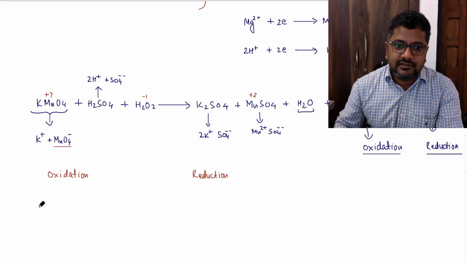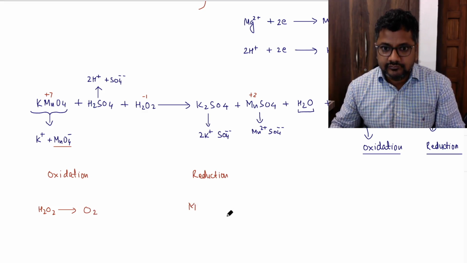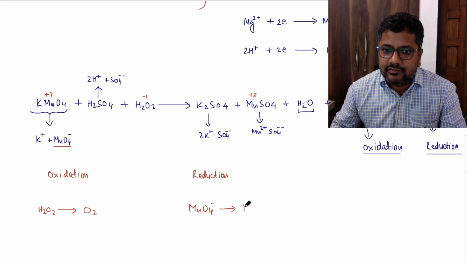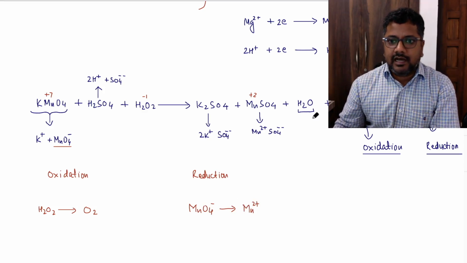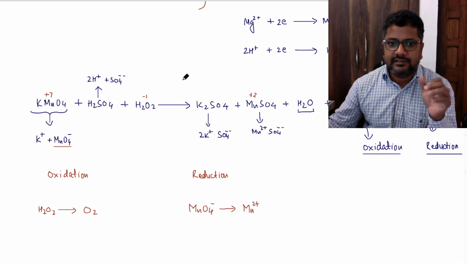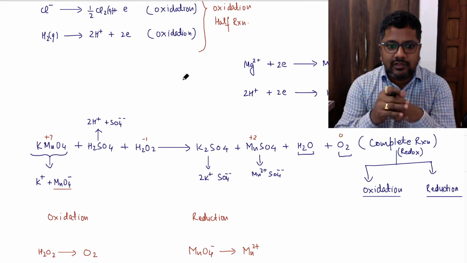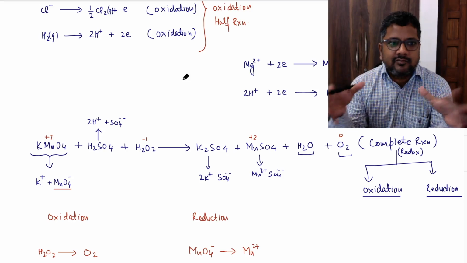So oxidation: H2O2 is oxidized to O2, and reduction: MnO4 minus is reduced to Mn2 plus. Right. And the rest of the species are spectator species. They are in the supporting role. They are the main actors of the reaction, and the rest are the supporting staff.